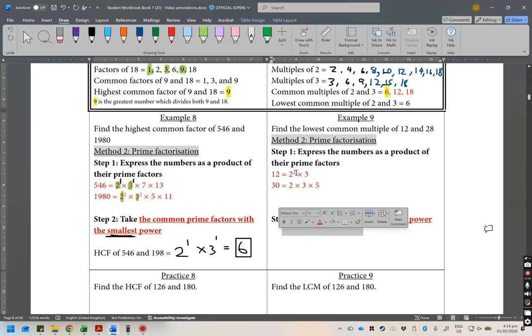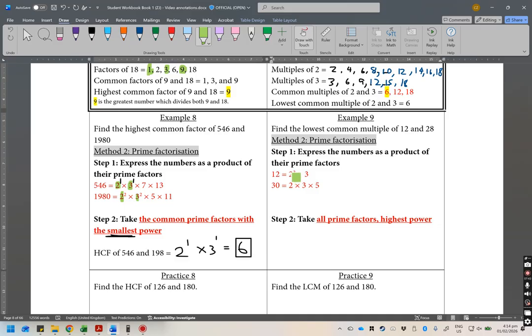So in this case, we have 2, 3, and 5, three different prime factors. So what I do is I will take the highest power of each. So for 2, the highest power will be squared.